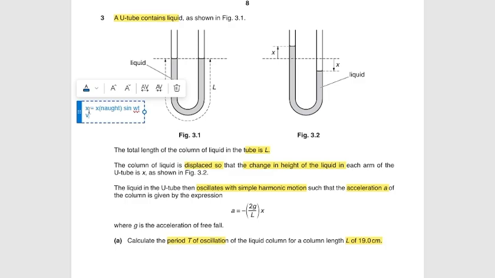Number two, v is equals to omega x naught cos omega t. And number three, acceleration is minus omega square x naught sine omega t. I hope we know x naught means the initial value, the initial height that can be taken as amplitude, and then we have sine omega t, cos omega t, and everything.